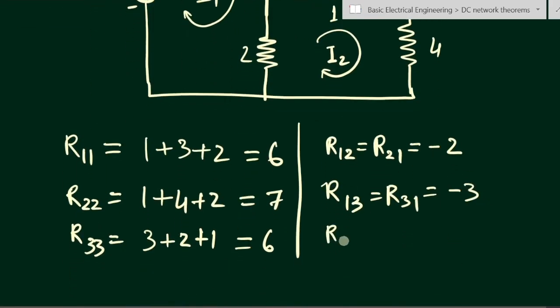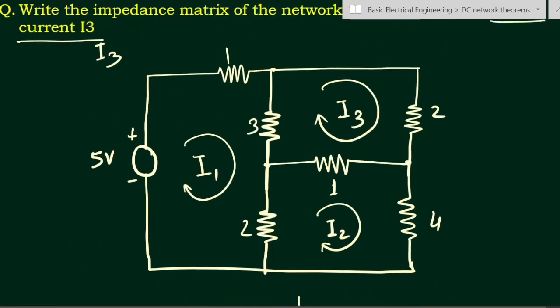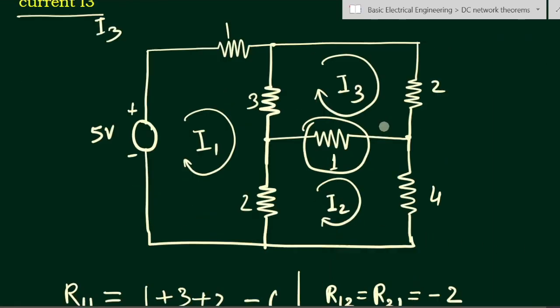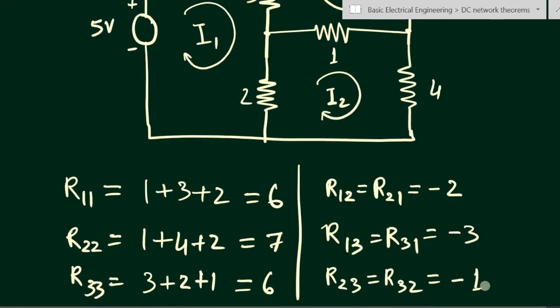Now R23 is equal to R32, so we have to consider loop 2 and loop 3, and we have to put a negative sign. This resistance is the common resistance among these two loops, or these two meshes. This 1 ohm will have a negative sign, minus 1. These are all in ohm, you can write it here, ohm.